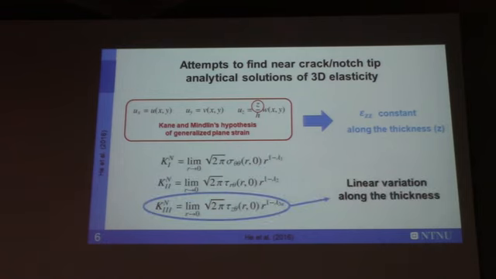However, from that it follows that the only stress intensity factor which depends on z is the mode 3 stress intensity factor. Therefore, we have a linear variation along the thickness of the specimen.